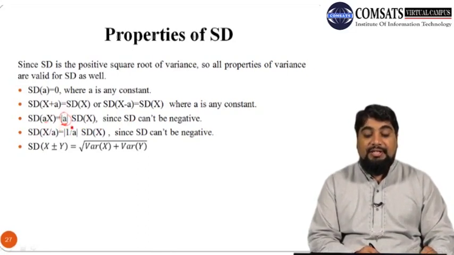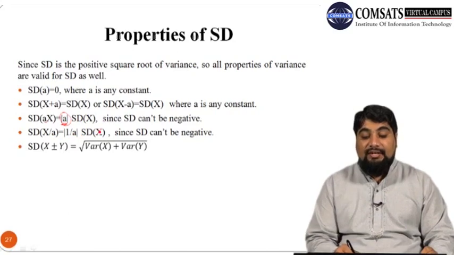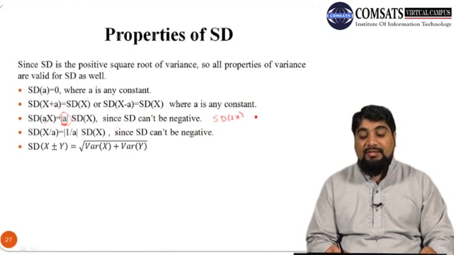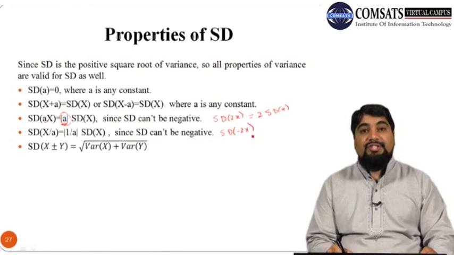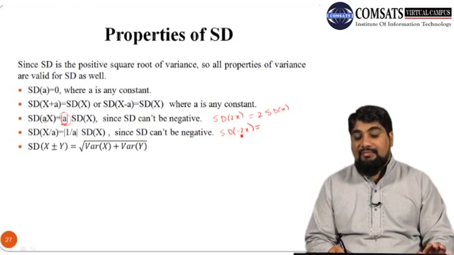Similarly, standard deviation of x over a is 1 over the absolute value of a times standard deviation of x. In order to explain these two results, suppose we have standard deviation of 2 times x. So this will be 2 times standard deviation of x. But if we have a negative number here, standard deviation of minus 2 times x, remember that standard deviation can never be negative, like variance.